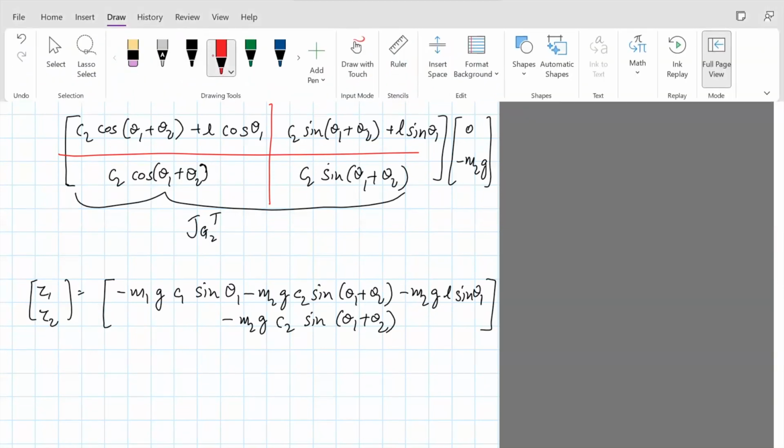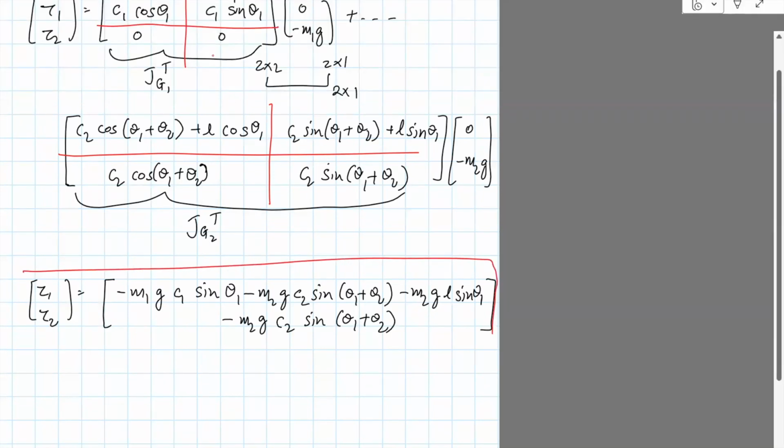Okay, that would be the answer. So you could potentially check this answer by trigonometry, by doing static equilibrium, free body diagrams.